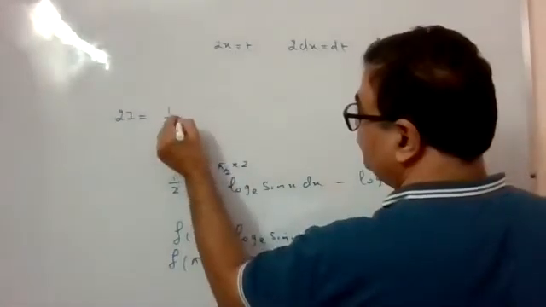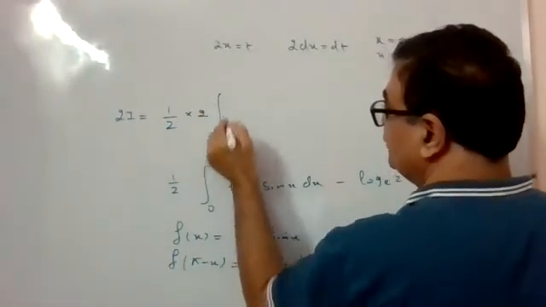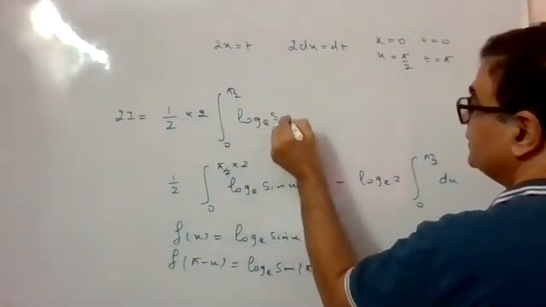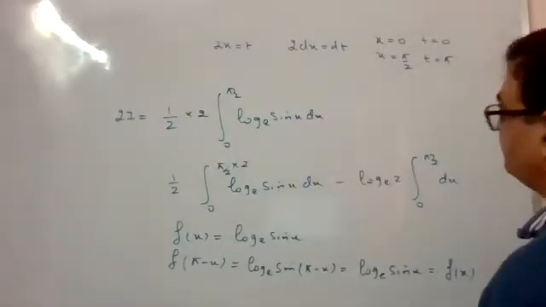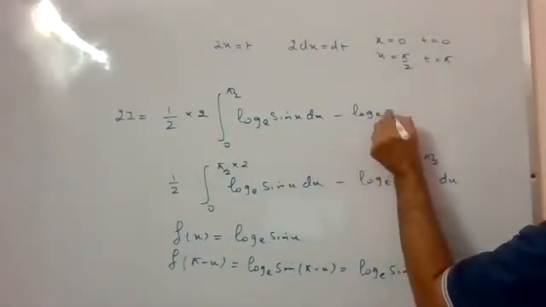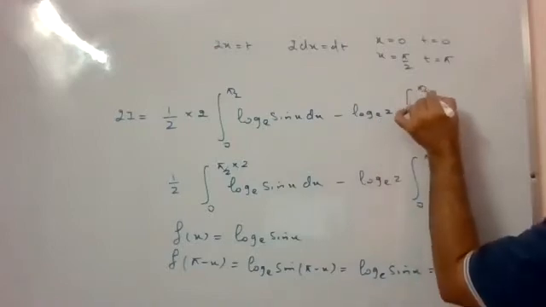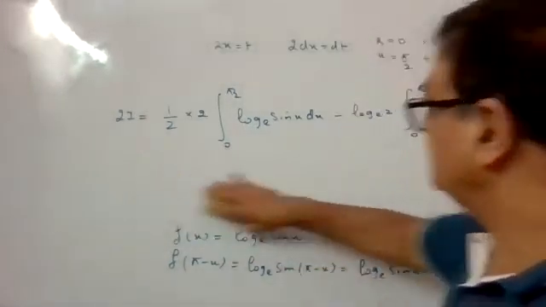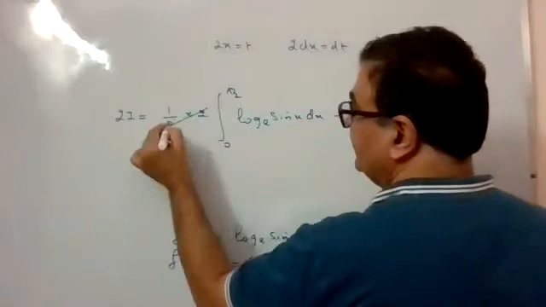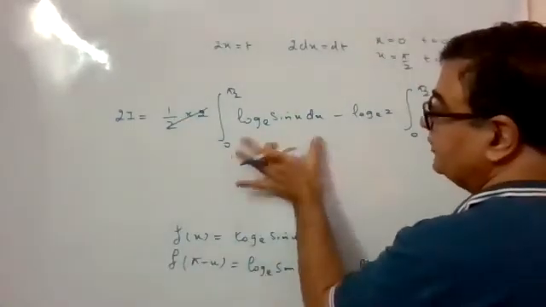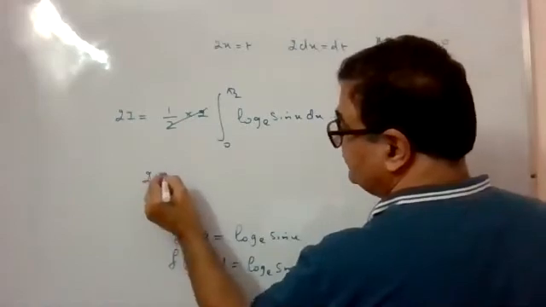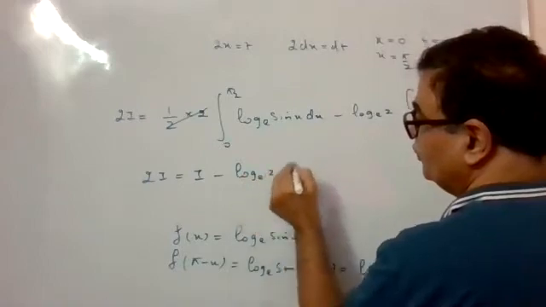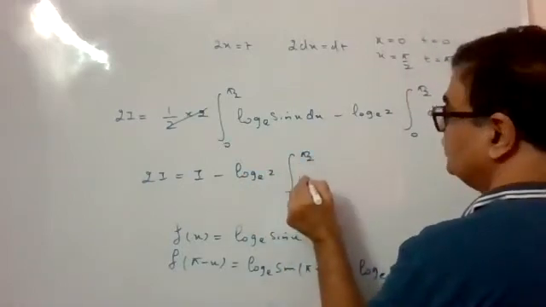It will come half into 2 into 0 to pi by 2 log sin x dx, minus log of 2 integration 0 to pi by 2 dx. Then this 2 clearly gets cancelled out, and it is nothing but I. So I write down this as 2I is equal to I minus log of 2, and this is 0 to pi by 2 dx.